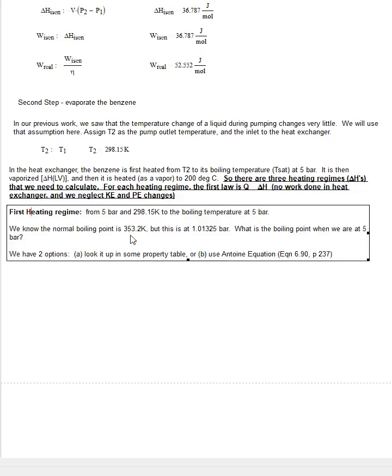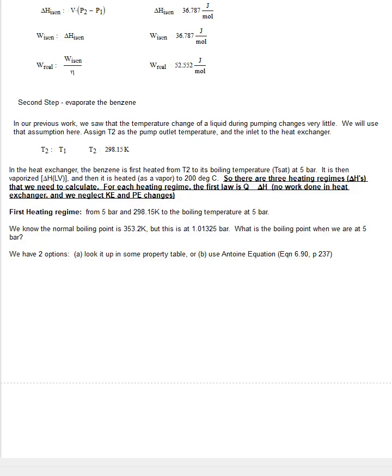But we don't know what the boiling point is at 5 bar. So we've got two options here. How do we find the boiling point at 5 bar? If we had very extensive benzene property tables, we could use that, which we don't. Or our second option is we can use the Antoine equation that we had back in chapter 6, equation 690.